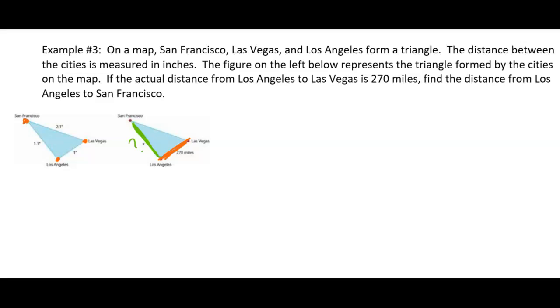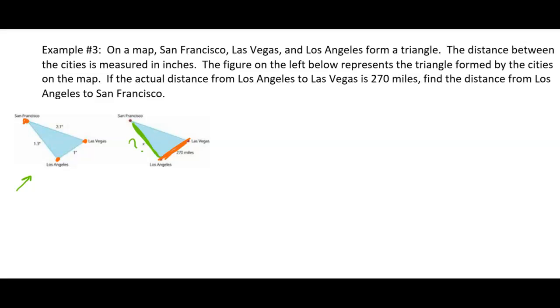So you might wonder a little bit about the 3 sides of the triangle. Well, we only need 2 sides to work with. It's a matter of how they compare. They're similar triangles. You have the one on the map, a small version, and we're trying to blow it up into a large version so we can figure out how many miles it is, okay?